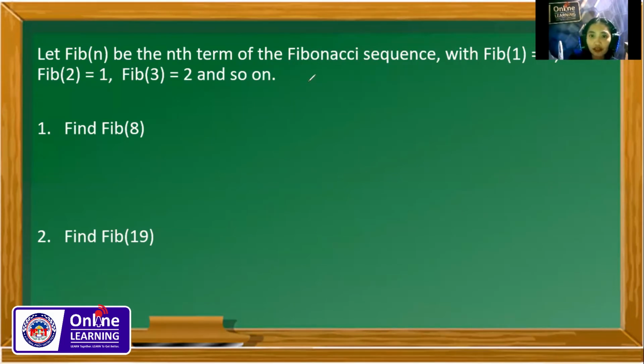So Fibonacci 8. So tingnan muna natin Fibonacci 4 is equal to 3. Then Fibonacci 5 is equal to 5. Then Fibonacci 6 natin is equal to 8. Then Fibonacci 7 natin is equal to 13. Ngayon, ang our formula is Fn is equal to Fn minus 1 plus Fibonacci n minus 2. So Fibonacci 8 ang hinahanap natin.